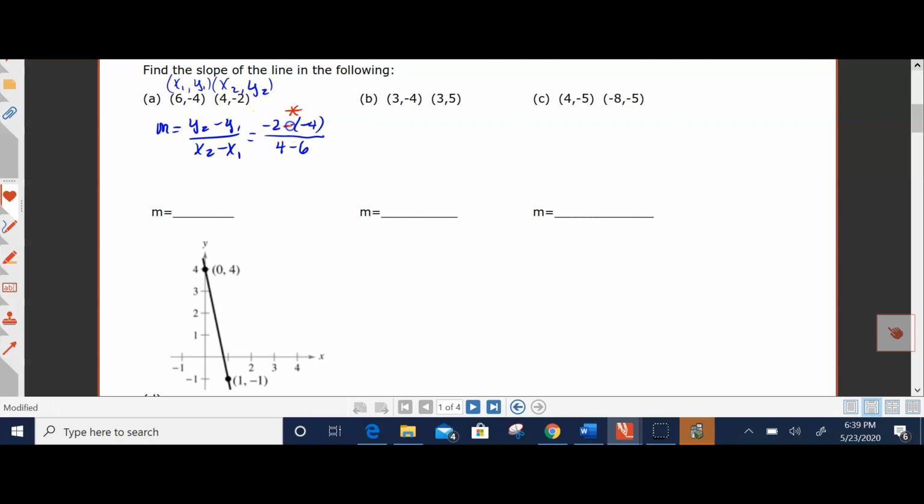The formula says to subtract, and then the other value was a -4. So just be careful with that. So I get -2 minus a -4, which is -2 plus 4, over 4 minus 6, which gives me a 2 over a negative 2, so I end up with a negative 1 slope. So m is equal to negative 1.